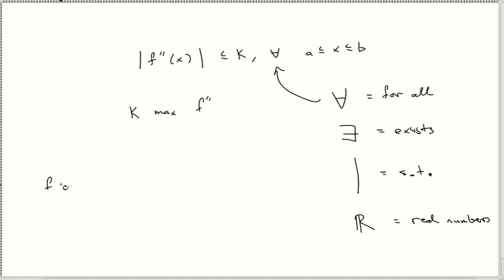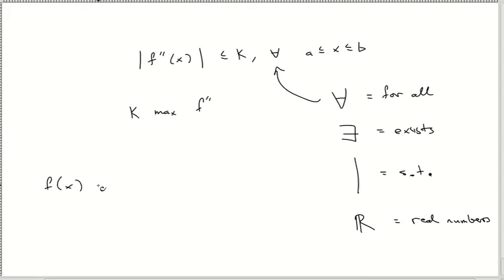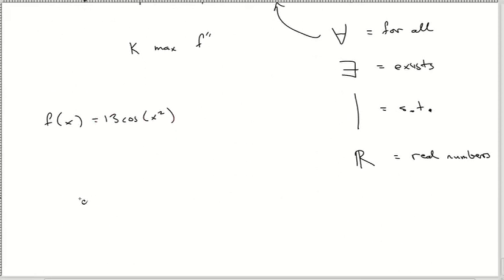My original, if you go way back up, is 13 cosine of x squared. So then my first derivative would be 13. My cosine turns into a negative sine. Leave the inside alone. Chain rule, take the derivative of the inside to get a 2x. I'm going to clean that up a little bit. And so I got negative 26x times sine of x squared.